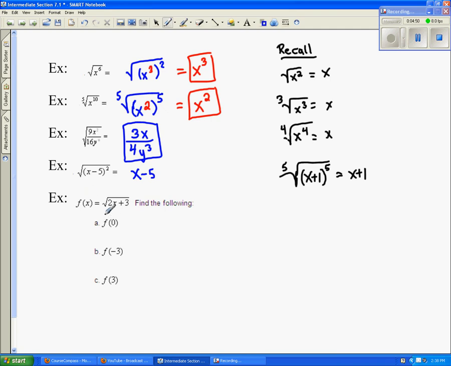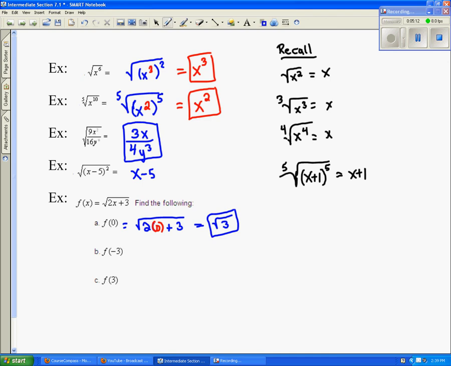Okay, the last thing is function notation. If I plug 0 everywhere x is at, so into that problem, I take this and I say square root of 2 times 0 plus 3. Well, the square root of 2 times 0 plus 3 is going to be square root of 3.